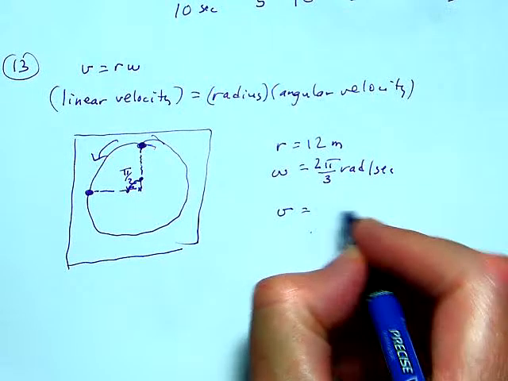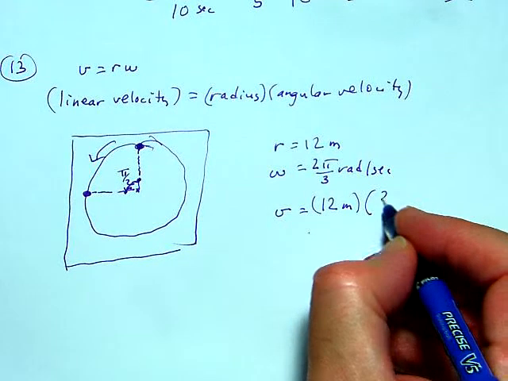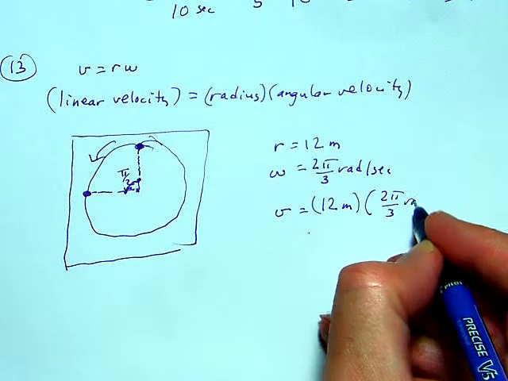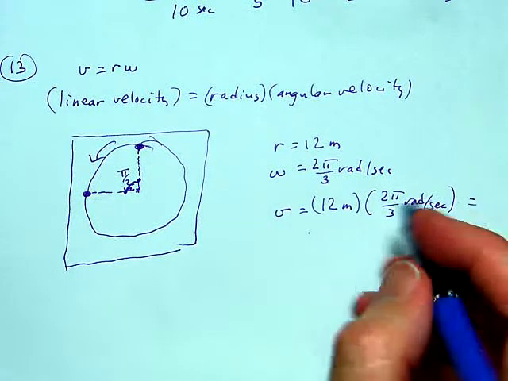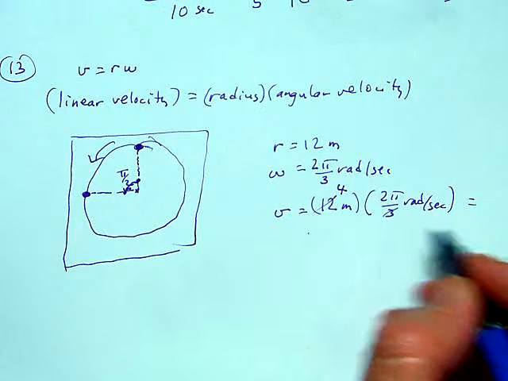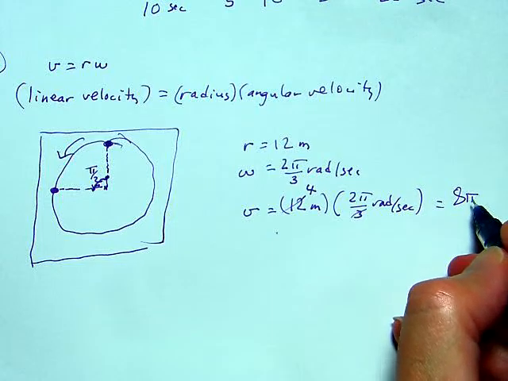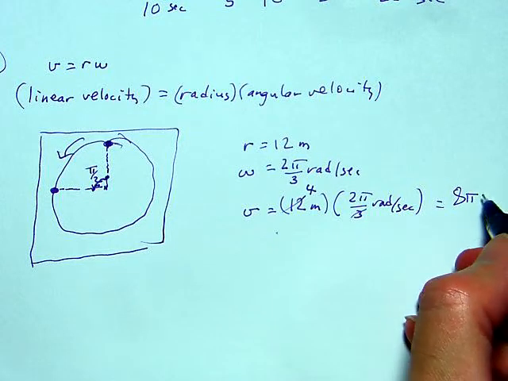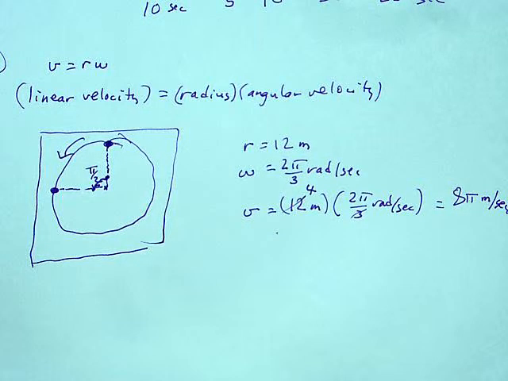So we simply plug these in: 12 meters times 2 pi over 3 radians per second, and we get the units meters per second. 3 cancels into 12 to give us 4, so we're talking 8 pi meters per second. That is the answer to number 13.